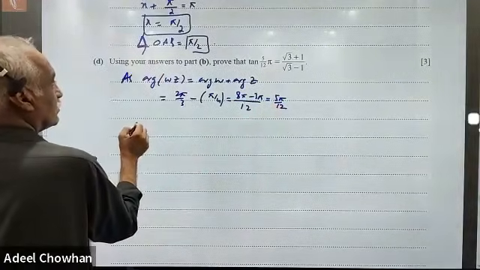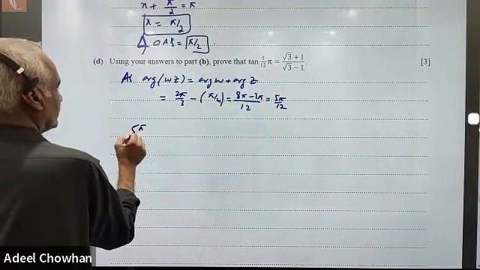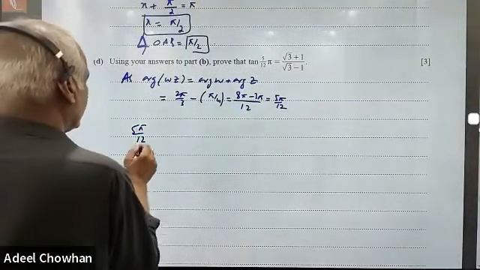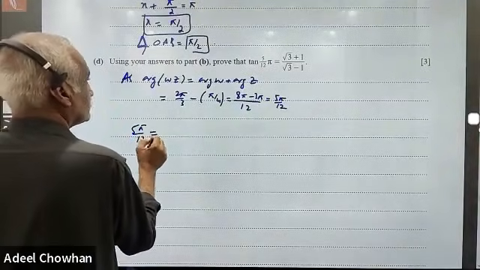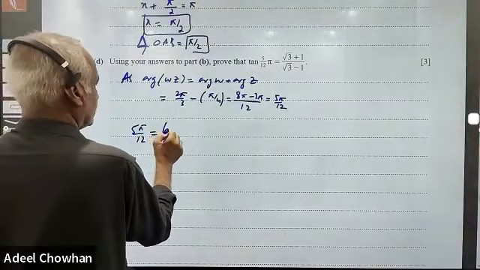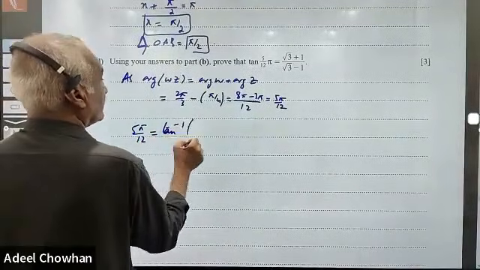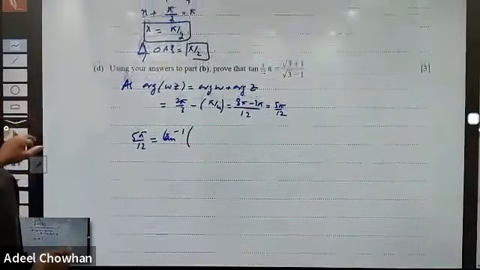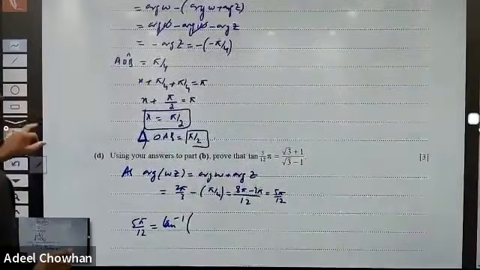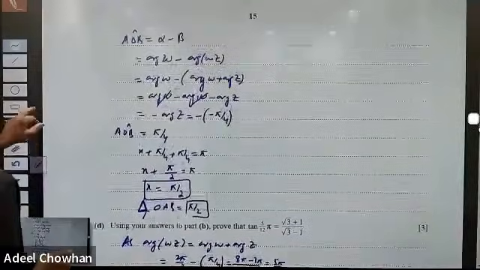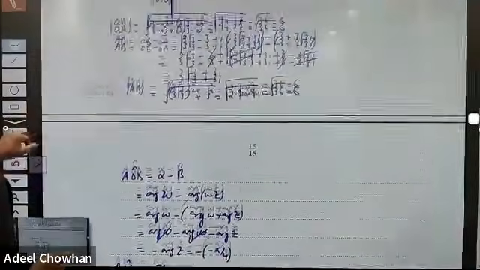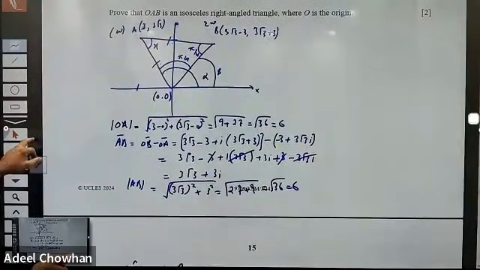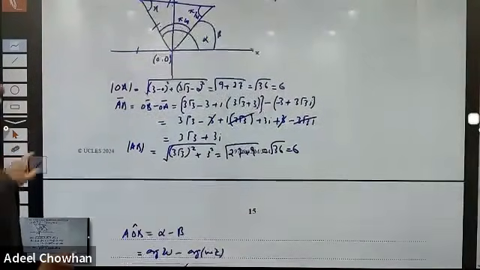So 5 pi by 12 is equal to tangent inverse of, so that is WZ, which is basically equal to 3 root 3 minus 3 and 3 root 3 plus 3.